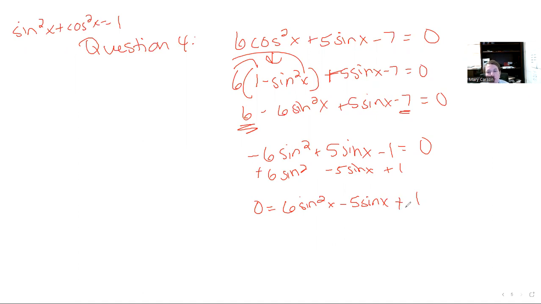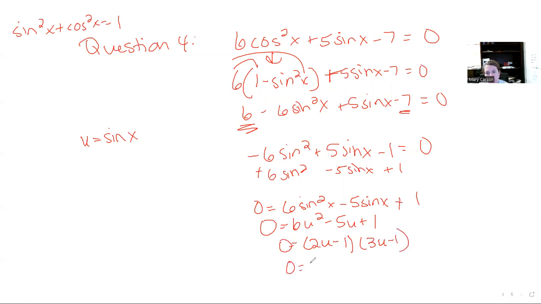All right. So now we can do what we did on the last problem. We'll let u be equal to sine of x this time. So this becomes 6u squared minus 5u plus 1. And so I'm going to factor this thing, and you end up with, just to save on time, 2u minus 1 times 3u minus 1.